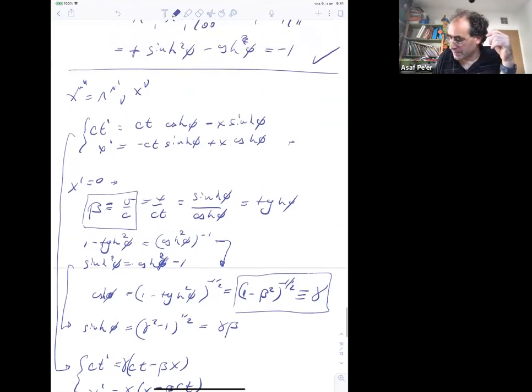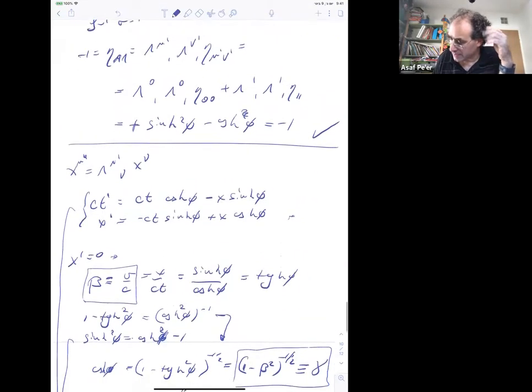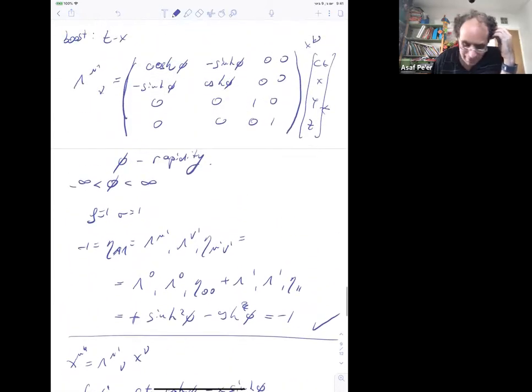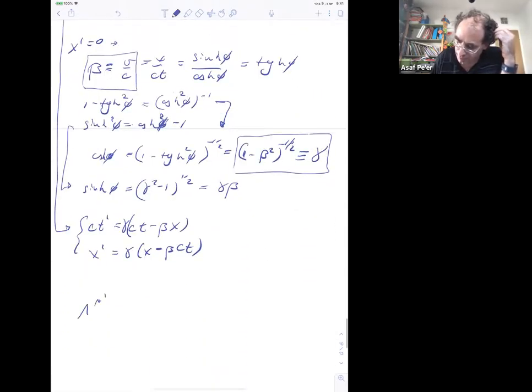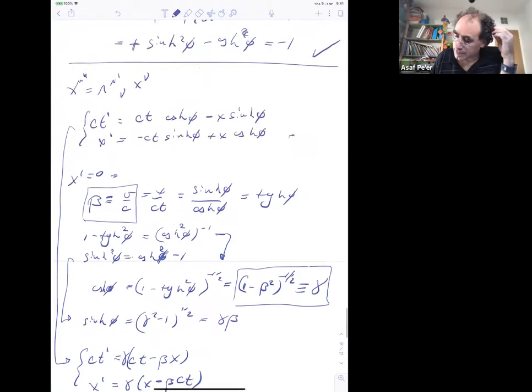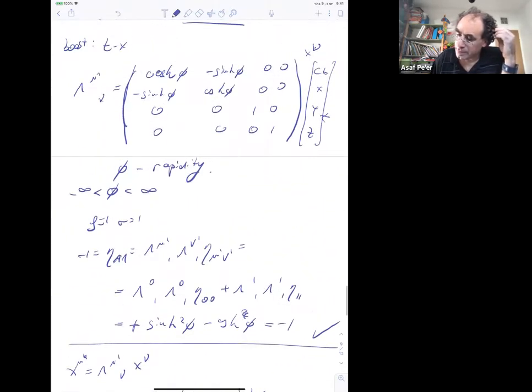And also I can simply use that gamma and beta to write down the Lorentz transformation matrix, the Lorentz boost. It's simply lambda mu prime nu. What's written here? Cosine hyperbolicus is just gamma and sine hyperbolicus is just gamma beta.